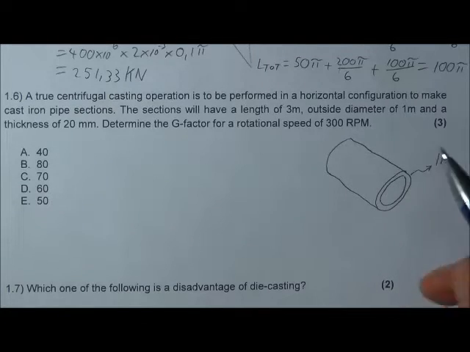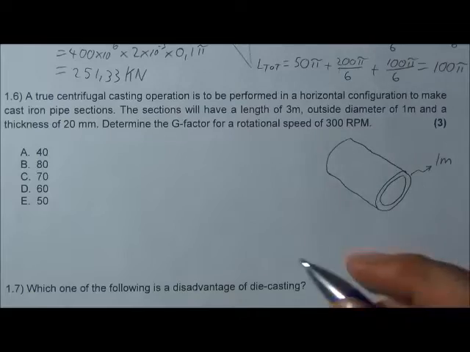Remember, this thing now goes into a spinning mold. As the mold spins, the molten material is poured in, it spreads around the circumference and solidifies to give you the pipe at the end. So, the outside diameter of the pipe is equal to the inside diameter of the mold, meaning this 1 meter is the value that we are going to use.